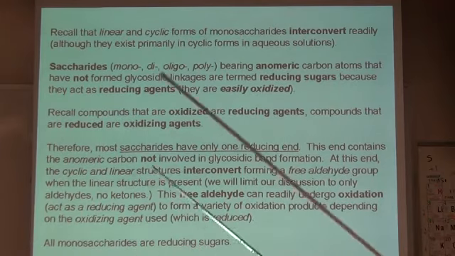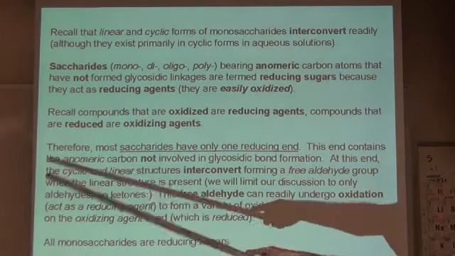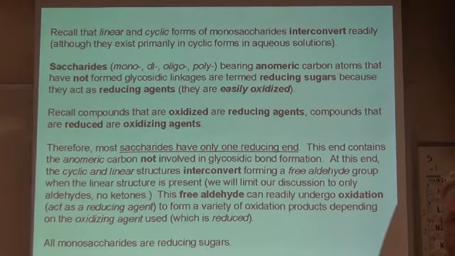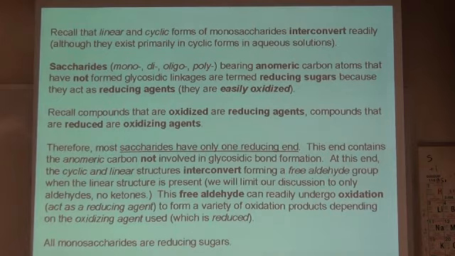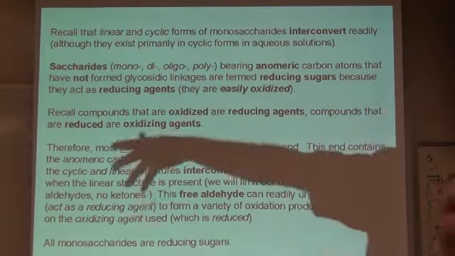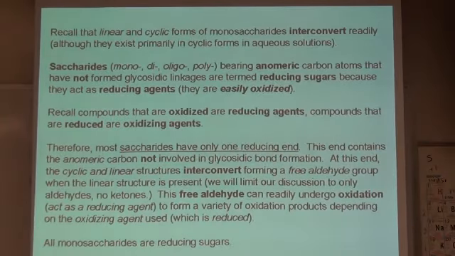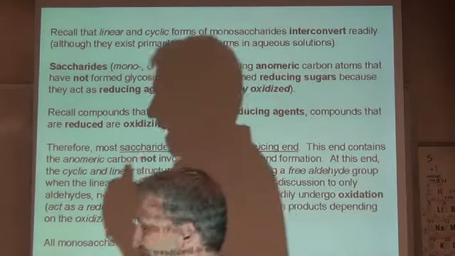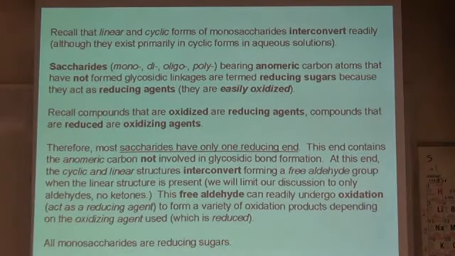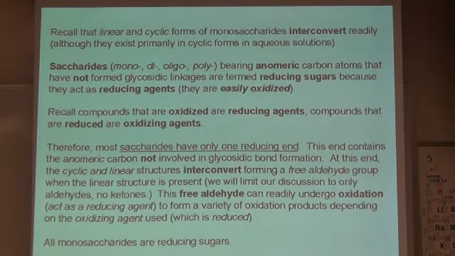Anytime you have a free anomeric carbon, you will be a reducing sugar. So all monosaccharides are reducing sugars. They themselves are oxidized. They reduce other sugars. I should say all aldose monosaccharides are reducing sugars.